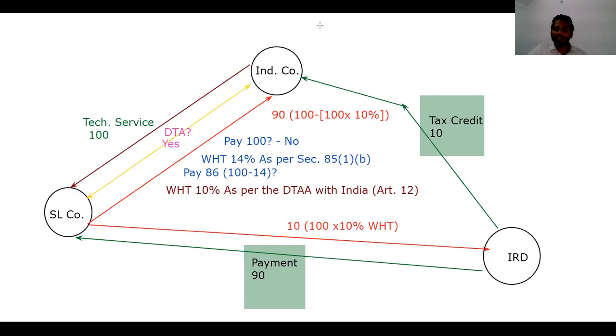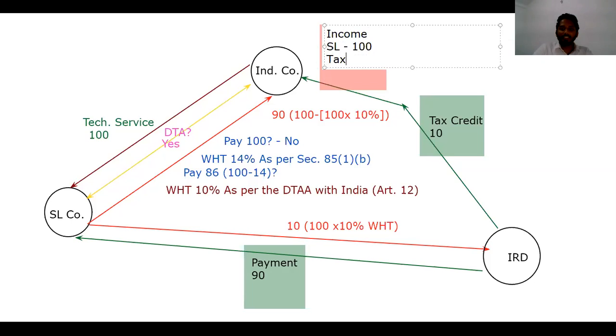Let me share that one also. Let's say the Indian company has taxable income only from the Sri Lankan company. For easy reference, I took Sri Lanka only. Let's say 100 million.